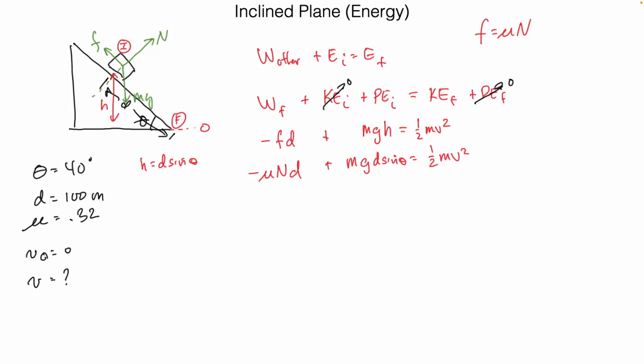Well, when we break up the components of mg, there's a component that points opposite the normal force, isn't there? So what is that component? Mg cosine theta. So that's true if there are no other forces acting in the vertical direction on the object.